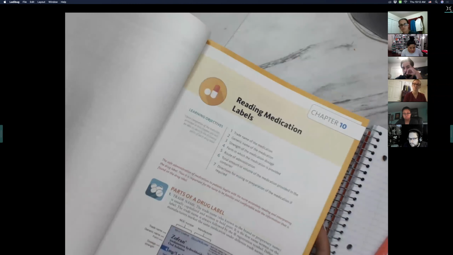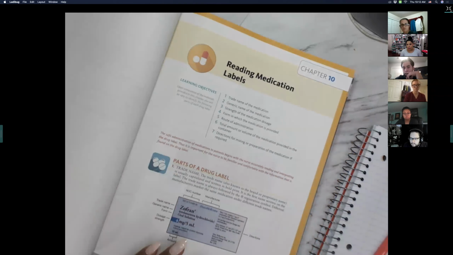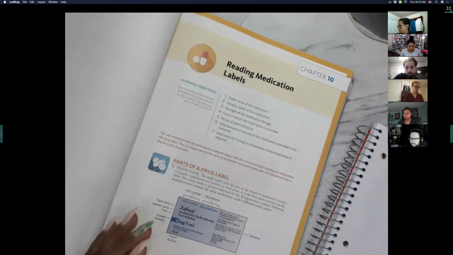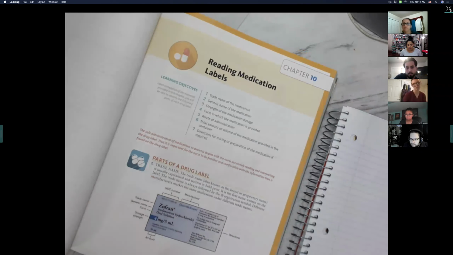Because that's when y'all really start seeing and reading your medication labels, but the same process applies for chapters 6 and 7, but we'll cover that on Monday. I want to give you guys an example that's relevant to these medication labels, okay?